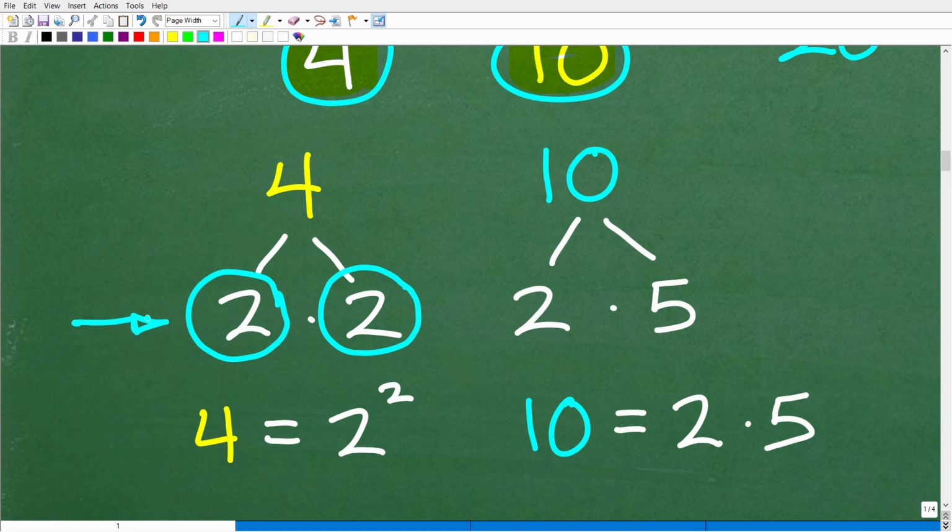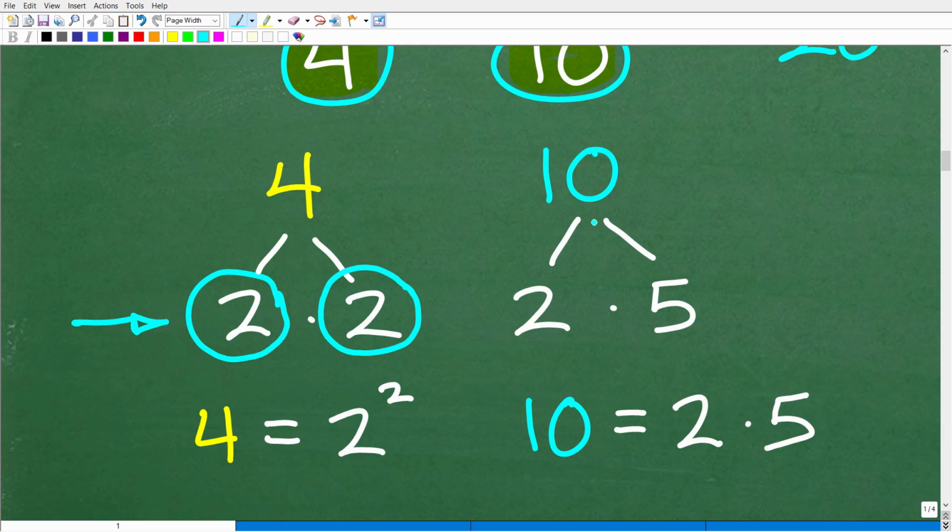But I want you to pay attention to what I'm going to say here: anytime you have repeating factors like 2 times 2 or maybe 2 times 2 times 2, always express that as a power. So 2 times 2 is 2 squared. This is very important, and you'll see why in just a second. So 4 is equal to 2 squared. Those are the prime factors of 4 expressed as a power.